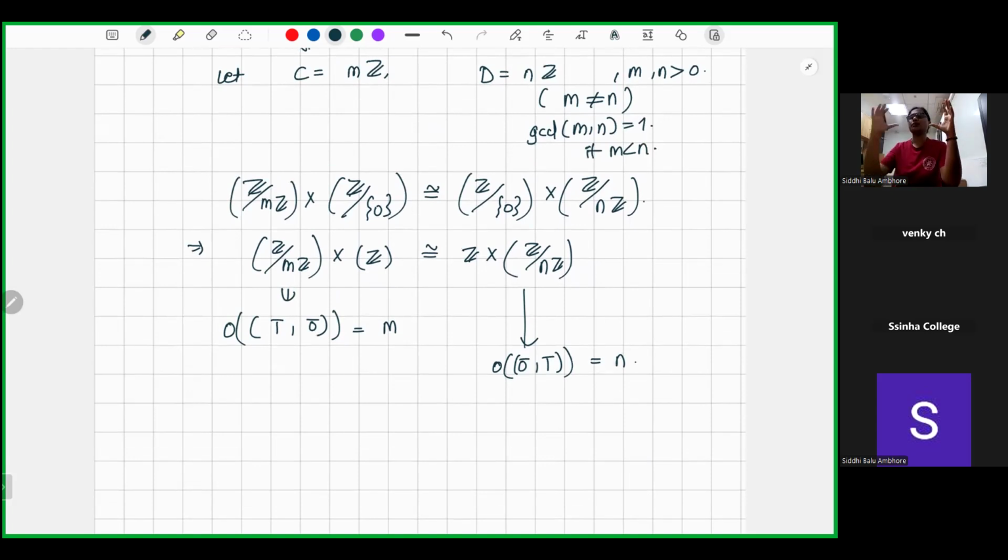In a group isomorphism, if I have some element in G of order k, then there exists an element of order k in my other group.